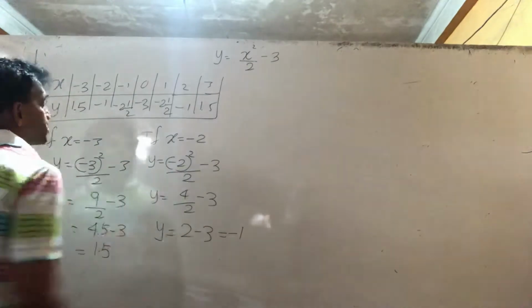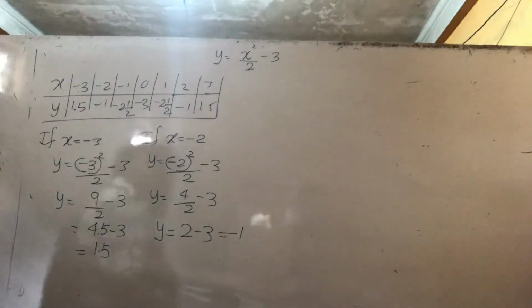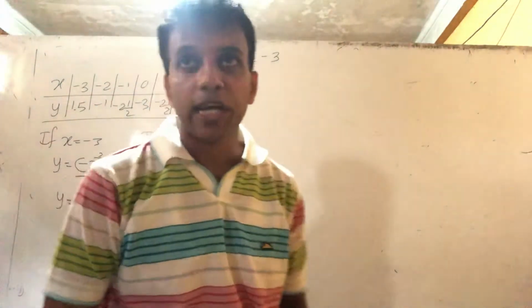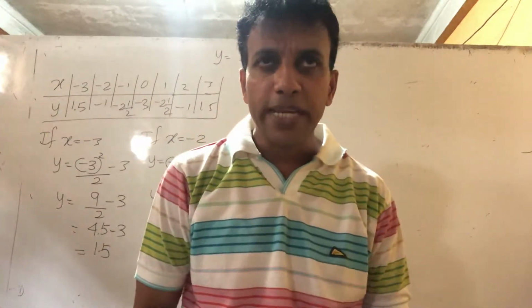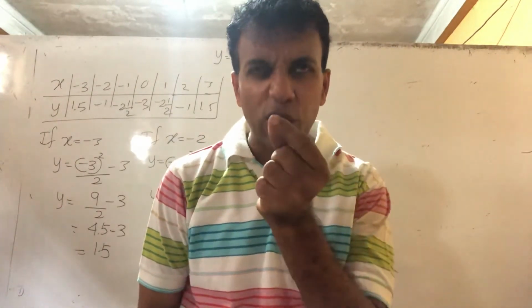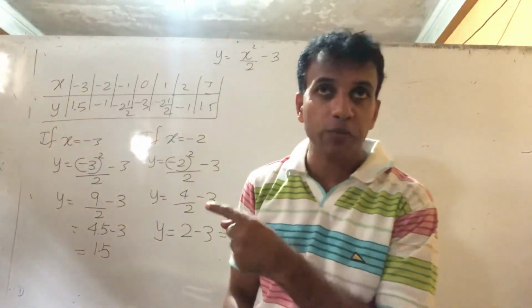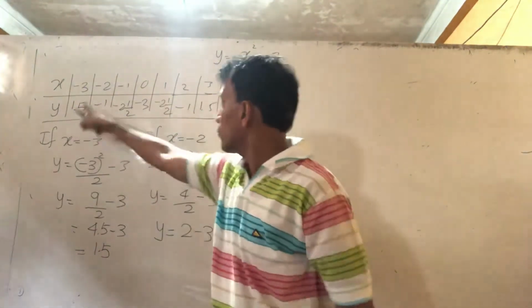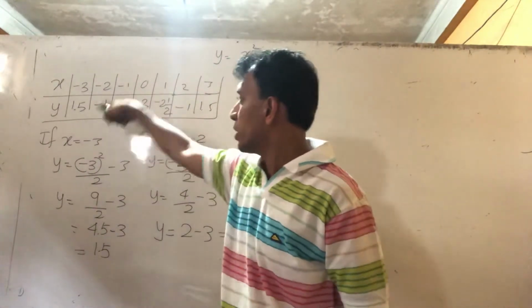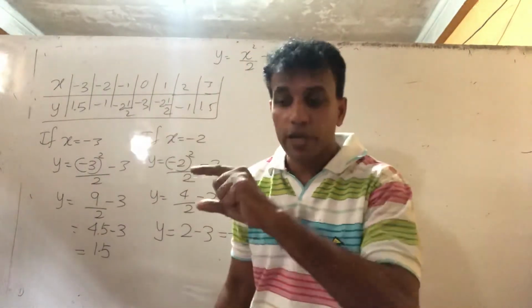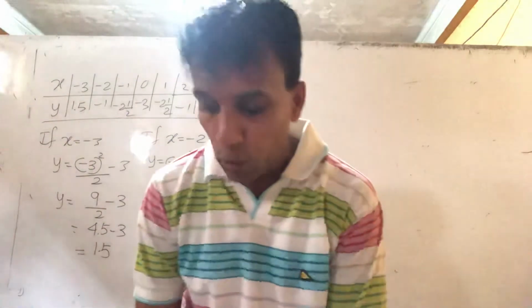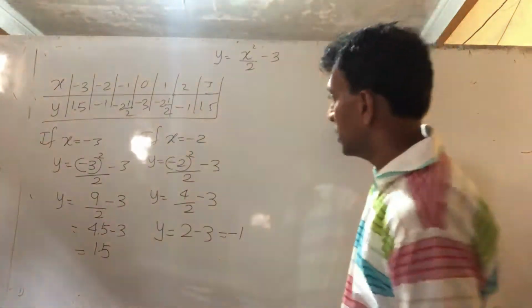For x equal to 3, 1.5. As I said on the first day of the parabolic curve, after completing the table, spend a few moments to view it. See the y values: 1.5, minus 1, minus 1. What happened? The y values are distributed symmetrically.